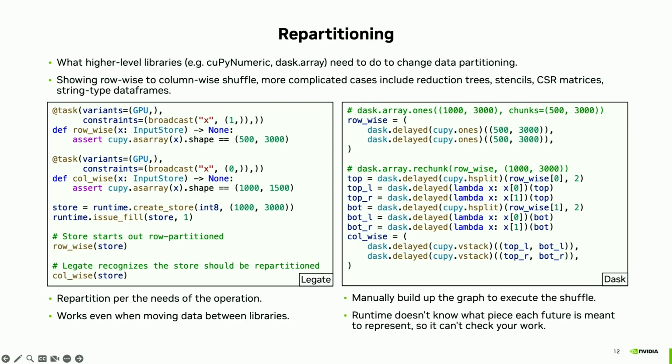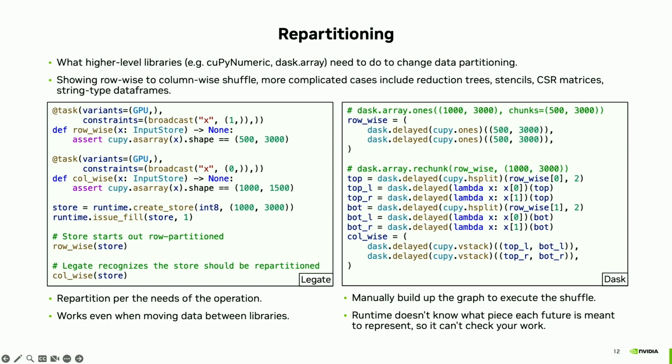So here on the left is the Legate version of this, where there is no explicit partitioning code. It's the needs of the operation that decide what the source partition is and what the destination partition is, and it's the runtime's job to figure out what the shuffle should look like.